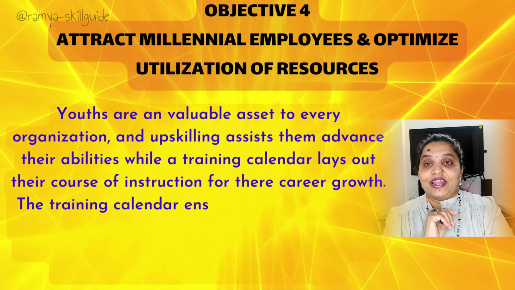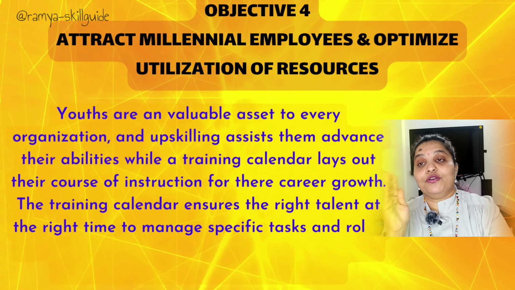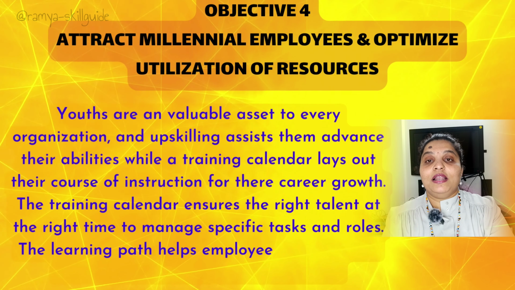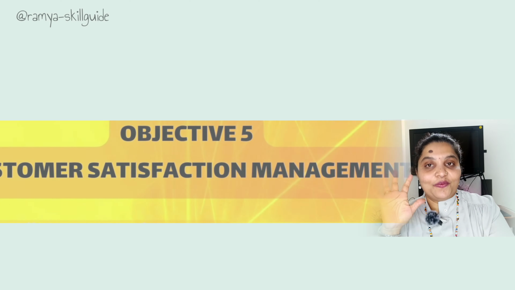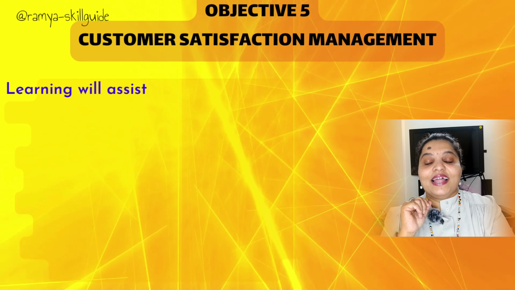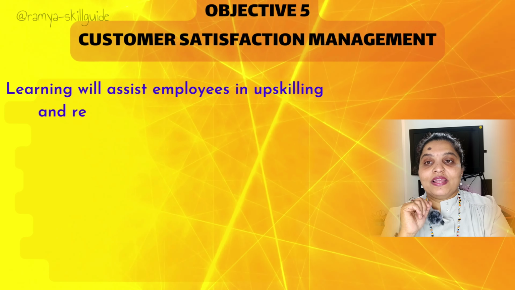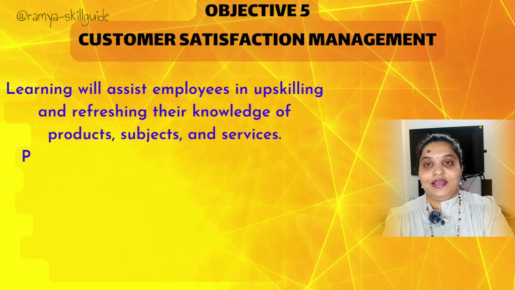The training calendar ensures the right talent at the right time to manage specific tasks and roles. The learning path helps employees embrace the skill guide to unleash the best in them. Objective 5. Customer satisfaction management. Learning will assist employees in upskilling and refreshing their knowledge of products, subjects and services.